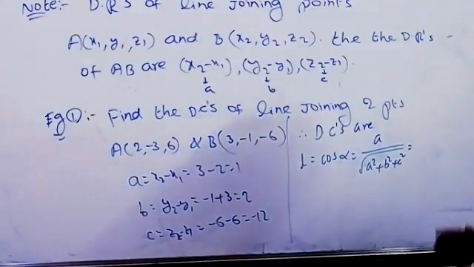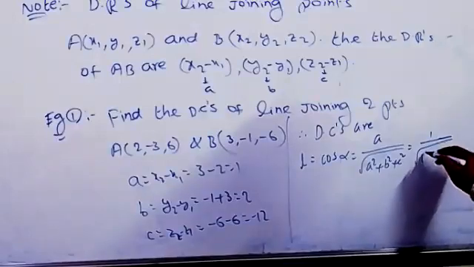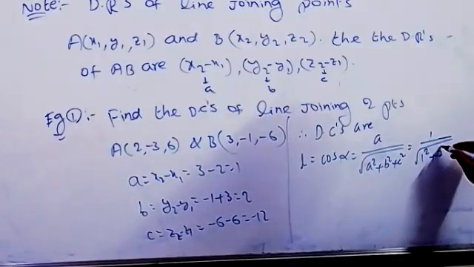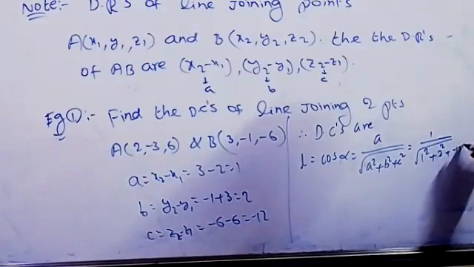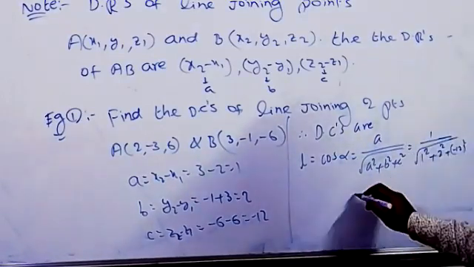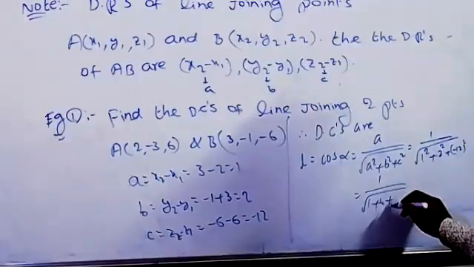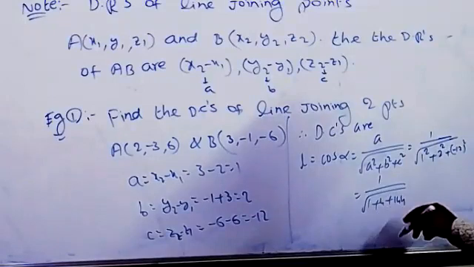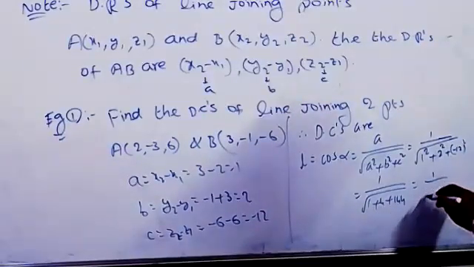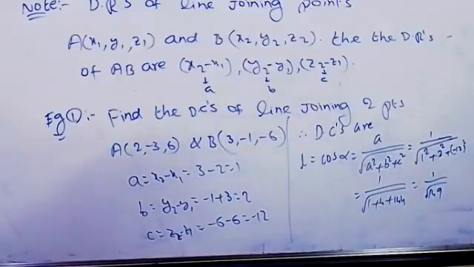The value of A is 1, so 1 by root of 1 square plus 2 square plus minus 12 whole square. Simplify that: 1 by square root of 1 plus 4 plus 144, which is 1 by root of 149. That is the first one.